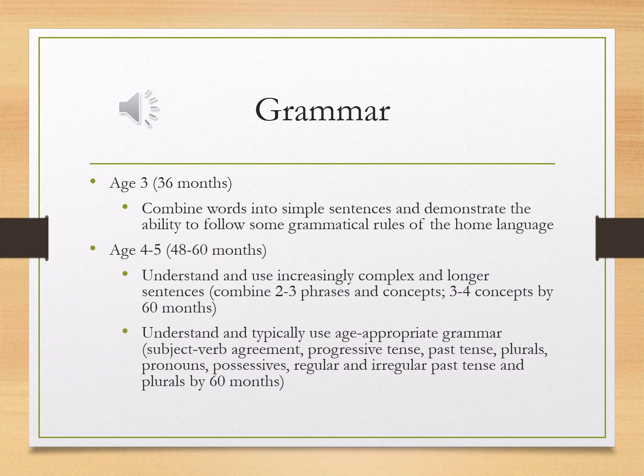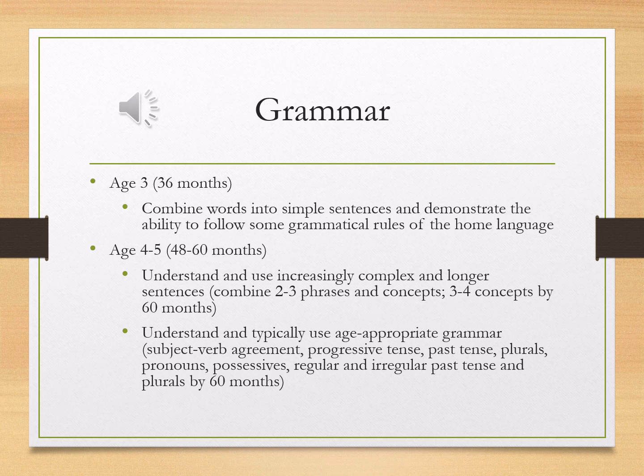With regard to grammar, here are the things that we expect from children in the preschool period. So remember, grammar is putting sentences together. So at age 3, children should be able to make simple sentences. They may be up to about 7 to 10 words per sentence, maybe a little bit less than that, but definitely putting words together into simple sentences.